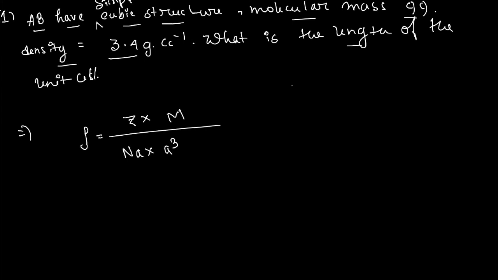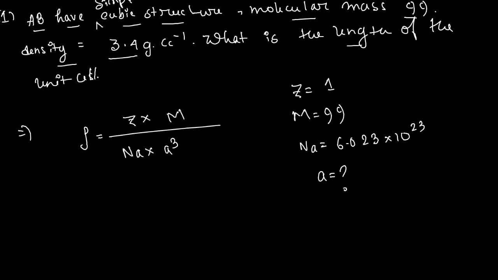Z for simple cubic structure is 1, M is given as 99. Avogadro number we all know, 6.023 into 10 to the power 23, and we have to find out a, the edge length. And rho is also given as 3.4 gram per centimeter cube. So the numerical is very easy.